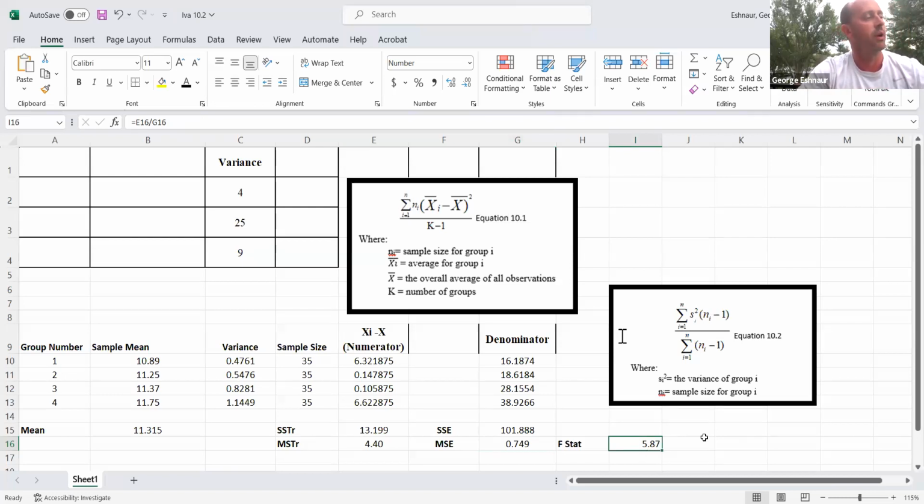Now, what we don't have in this textbook is the table that goes along with F statistics. So what the book does is it preempts you to the p-value.